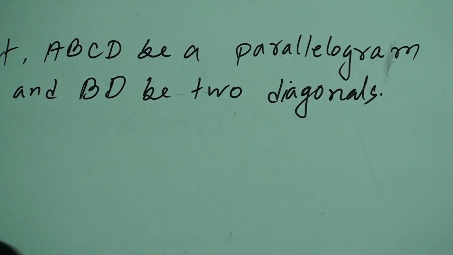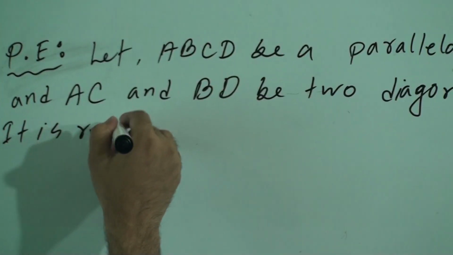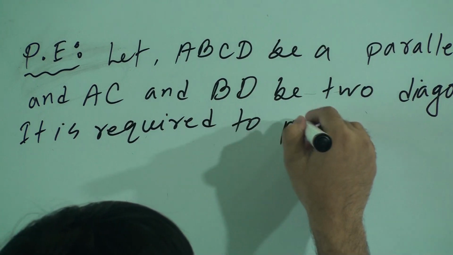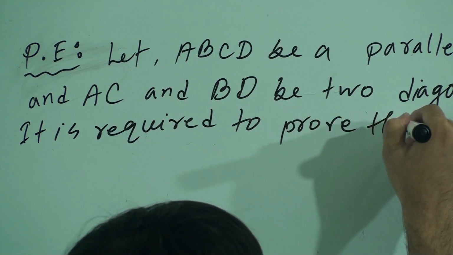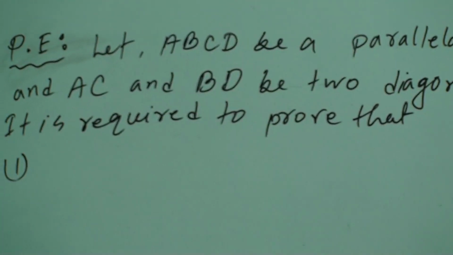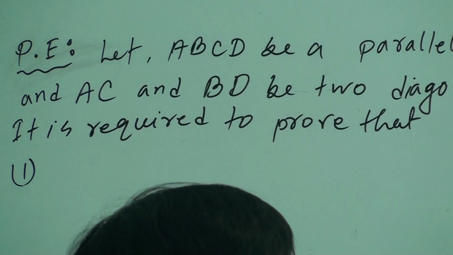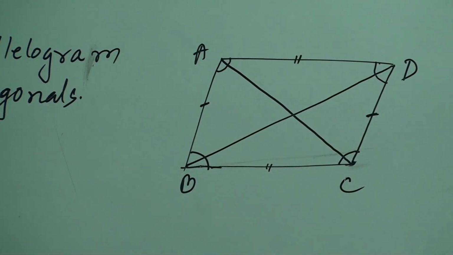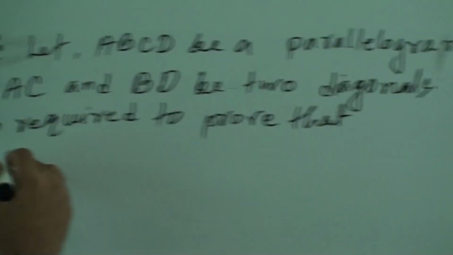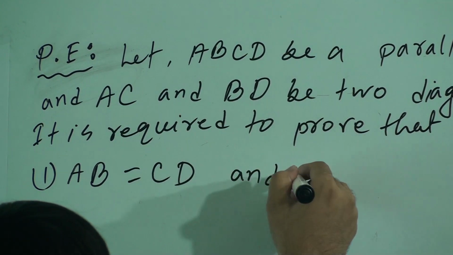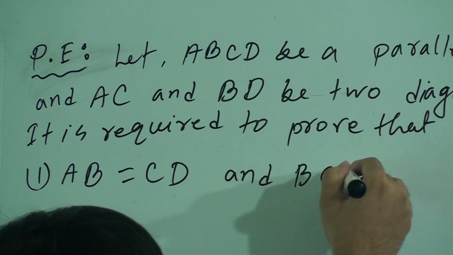It is required to prove that, first, opposite sides are equal. It means we need to show AB equal to CD and BC equal to AD.